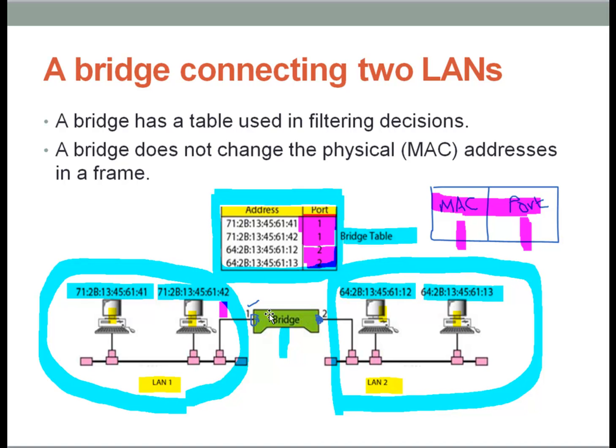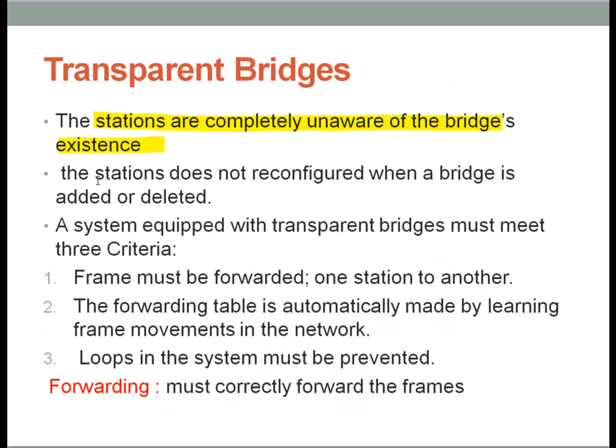The bridge is available, but there is no need to inform the machines. It can be managed like a single network without any disturbance. In transparent bridges, stations do not need to be configured or reconfigured with the bridge. If you remove a bridge, add a bridge, or delete a bridge, nothing changes for them.